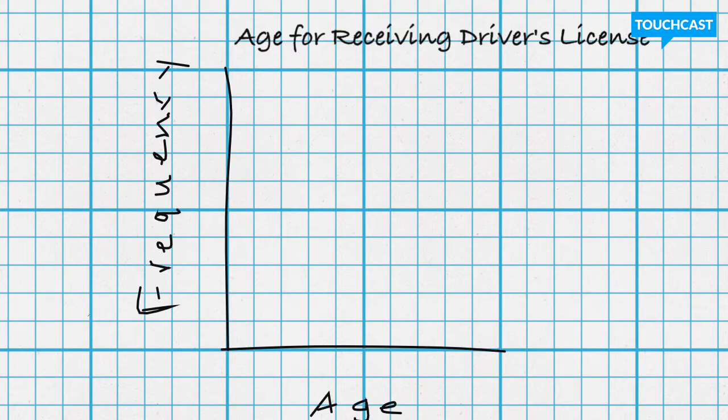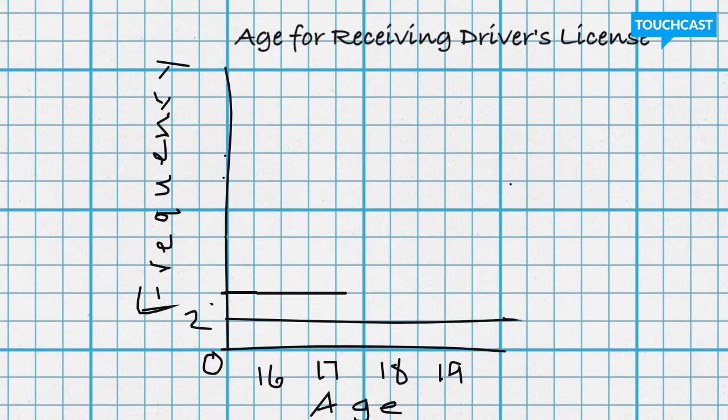We also need to label our numbers on the axes. Right here in the corner, we can call that 0. Now, on the age axis, we can really just use the numbers we have. We've got 16, 17, 18, and 19. Now on our frequencies, let's go right here and call this 2.